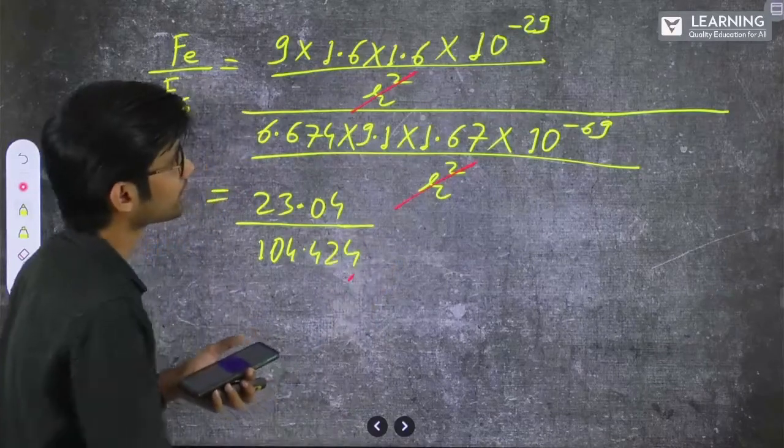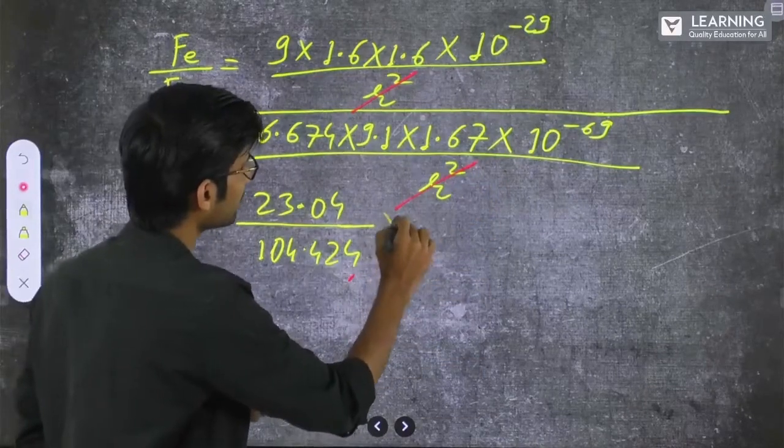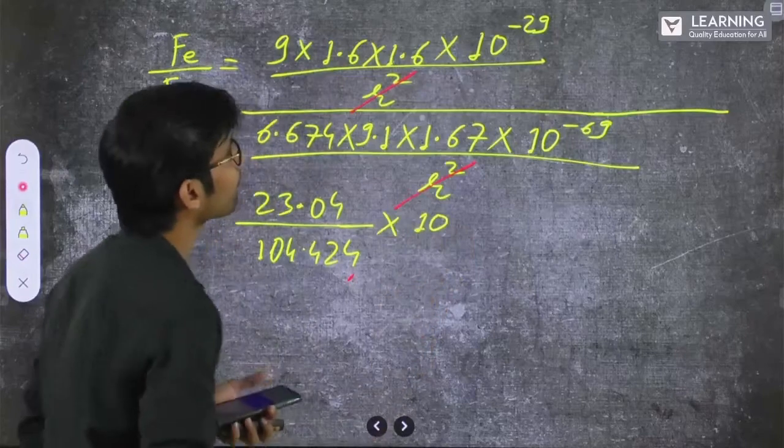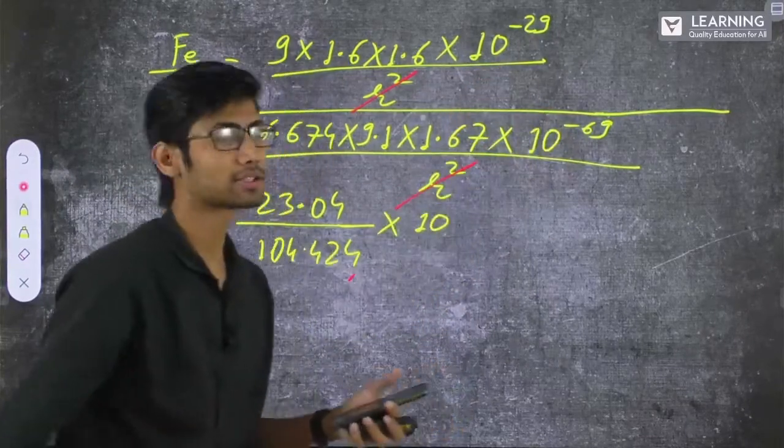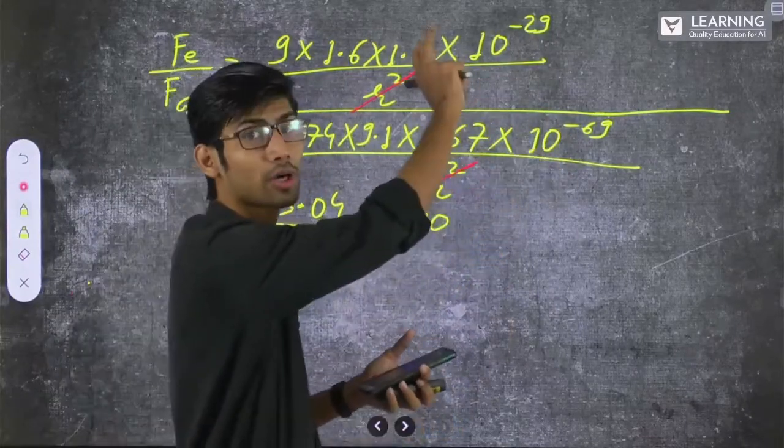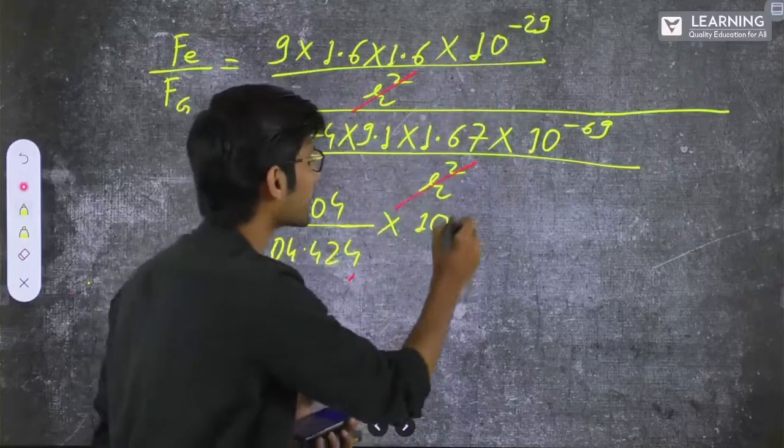It's a big value. Then into 10 power minus 29 minus 69 in the denominator. The 69 will go up. 69 minus 29 is 10 power 40.